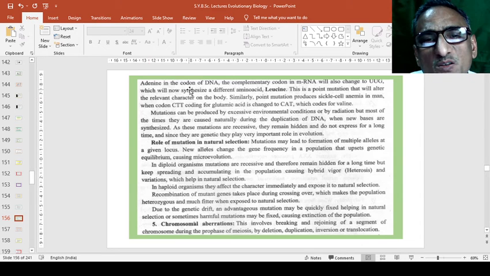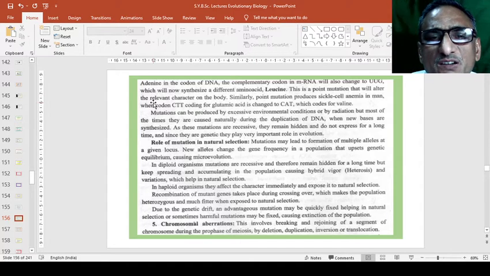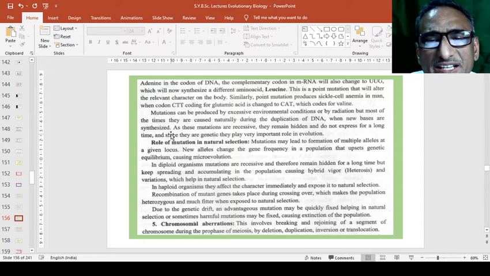A change of adenine in the codon of DNA makes drastic changes, whereas UUG will not synthesize different amino acids as the mRNA codes it for the process of protein synthesis. So CTT coding for glutamic acid is also changed to CAT. In this way, mutations can change different setups of the DNA and its polypeptide chain.